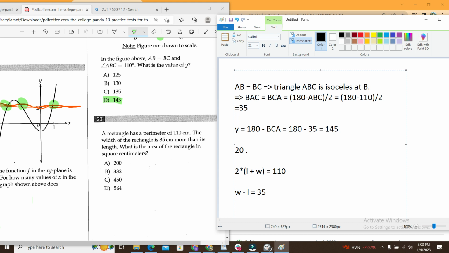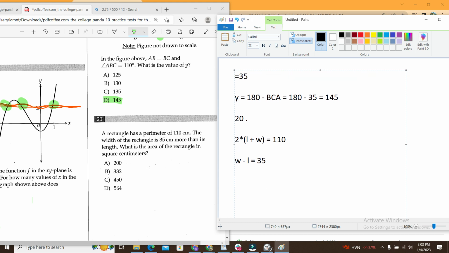Okay, so they ask for the area. So the area is just the width times the length. So we will calculate it later. But first of all, let's solve this system of equations. So from the first equation, we can deduce that W plus L is equal to 55, right?